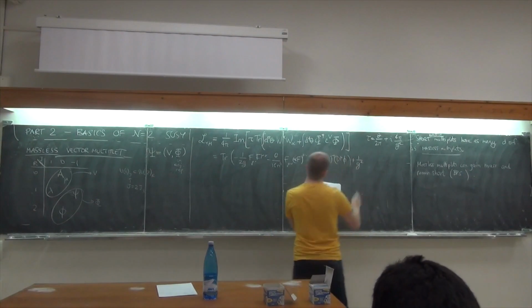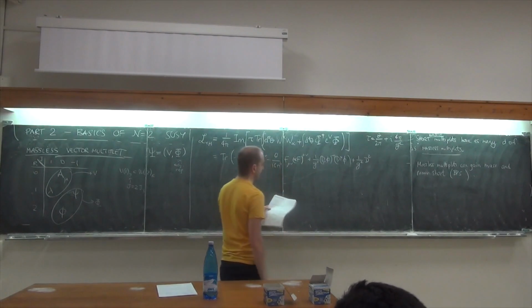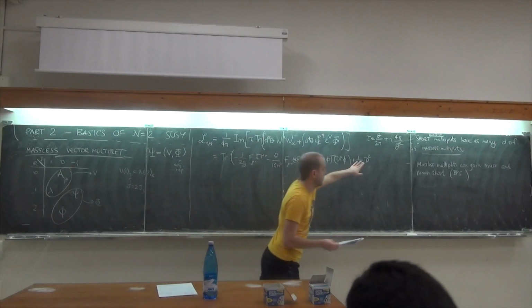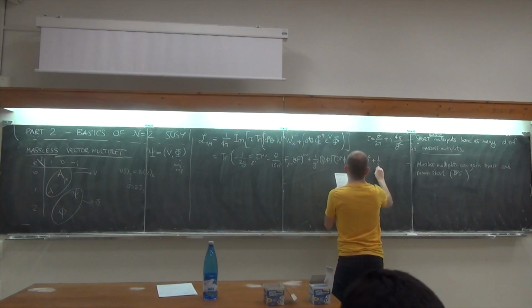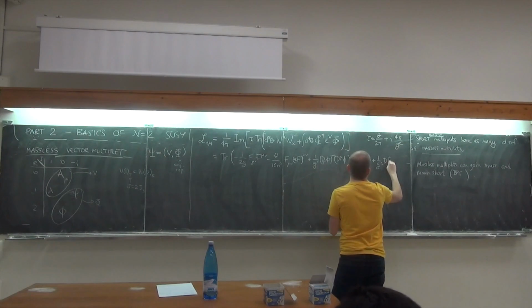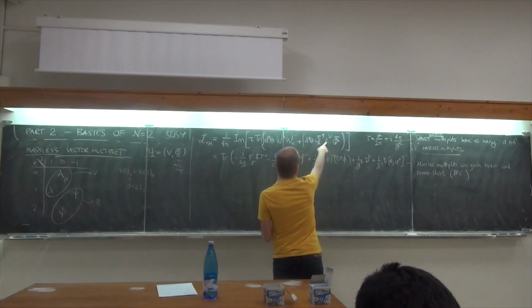And using also auxiliary fields, we have the auxiliary field D in the N=1 vector multiplet, so it comes with a D term squared. Then there is 1 over g squared D times the commutator of phi, phi dagger coming from here.